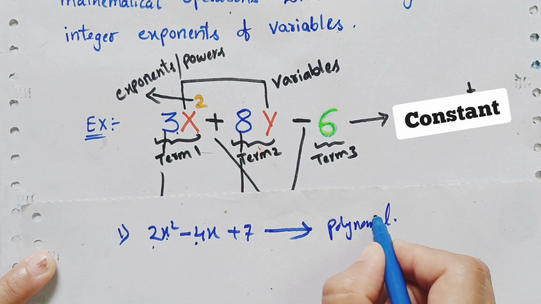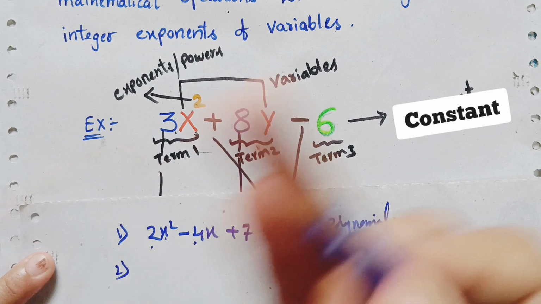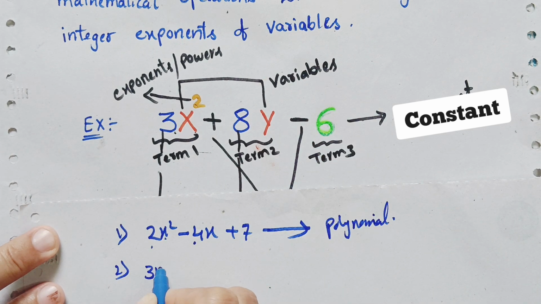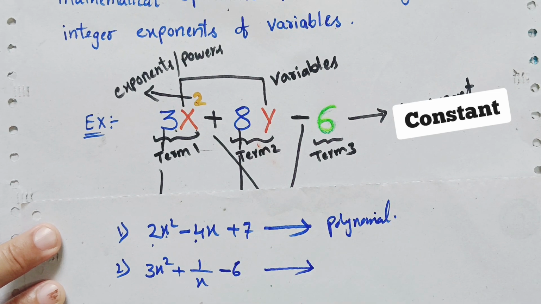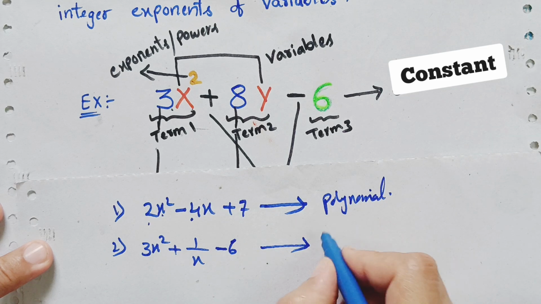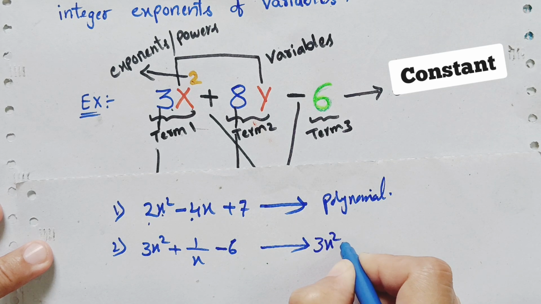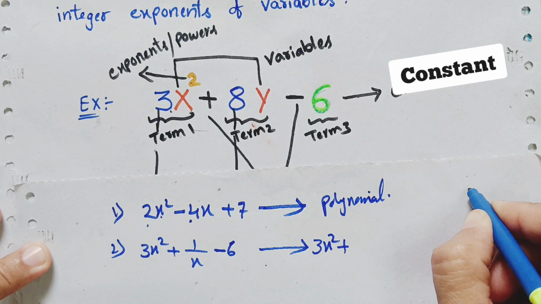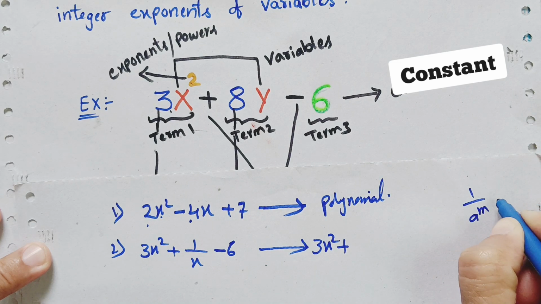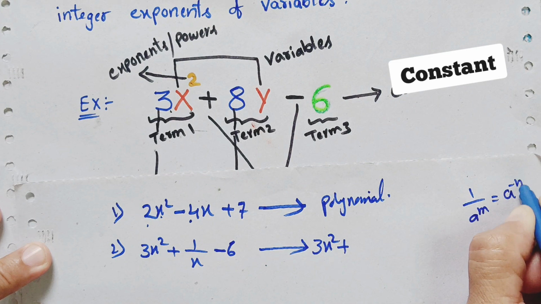I'm writing another example, that is 3x square plus 1 by x minus 6. Is this a polynomial? This expression we can write as 3x square plus 1 by x. 1 by a power m can be written as a power minus m.